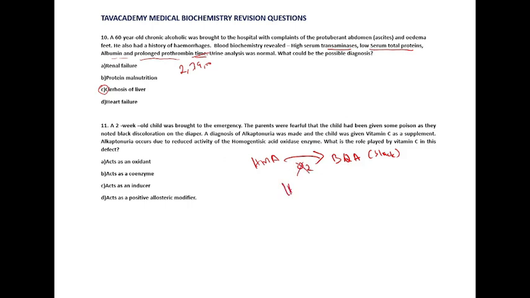So we are going to administer vitamin C. Vitamin C functions as an antioxidant. So option A will be correct if this was an antioxidant here. It does not work as a coenzyme. The enzyme involved does not have vitamin C as a coenzyme.